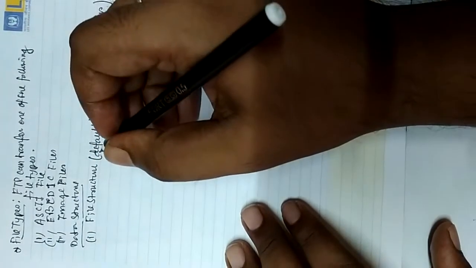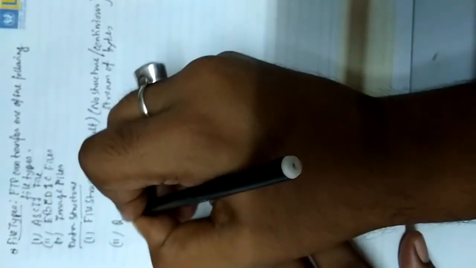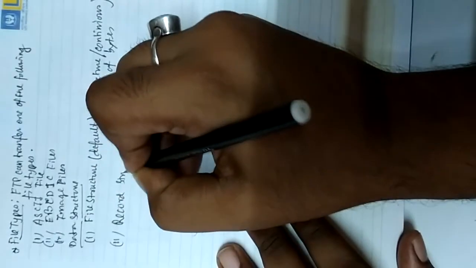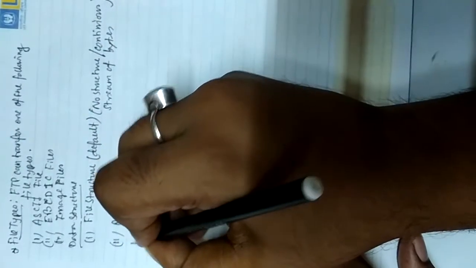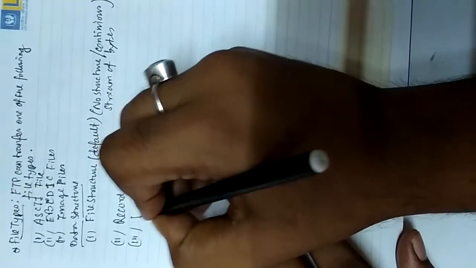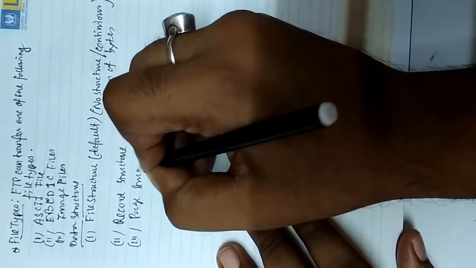Okay, so this is the file structure. And next, in the case of data structure, another is record structure, and number 3 is page structure. Okay, so these are the three file types.